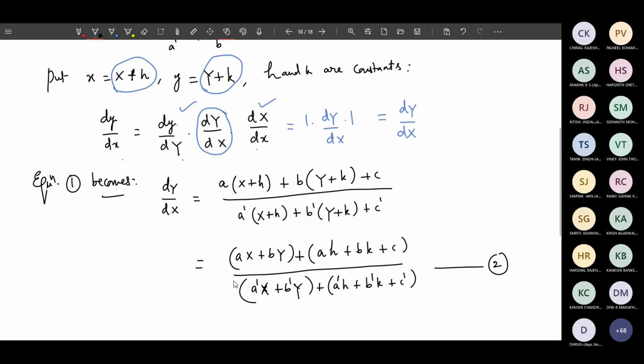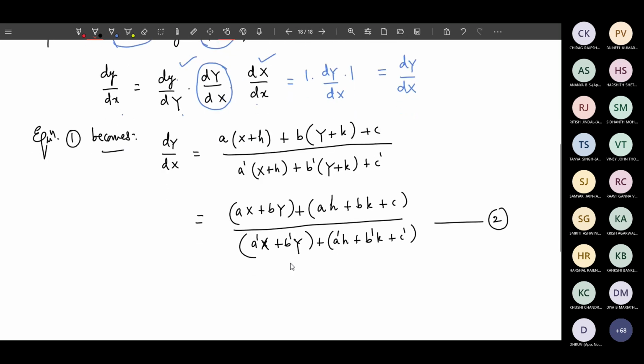Now I have left it how to choose constants h and k. Choose constants h and k so that ah plus bk plus c equals 0 and a dash h plus b dash k plus c dash equals 0.